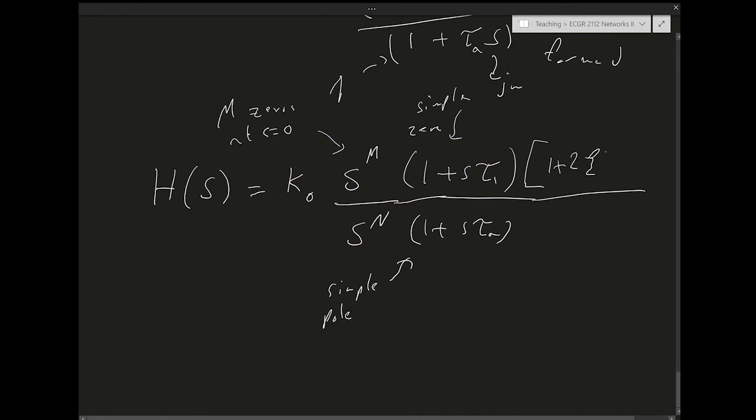I think we did that when we were working on second order systems. And then you get one for the complex conjugate poles: 1 plus 2 zeta tau b s plus tau b s squared.